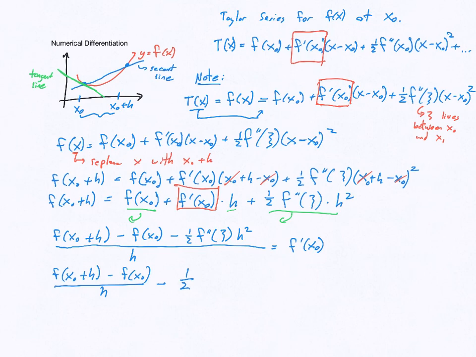So the error bound is a little bit different than what you might expect, but it's 1/2 f double prime of psi, and it's just h. All right, so just to recap real quick, here's what you see. If I want to approximate the derivative at x naught, then I will do the difference just like we did in Calc 1, but this will be our error bound. So this is our actual error bound.